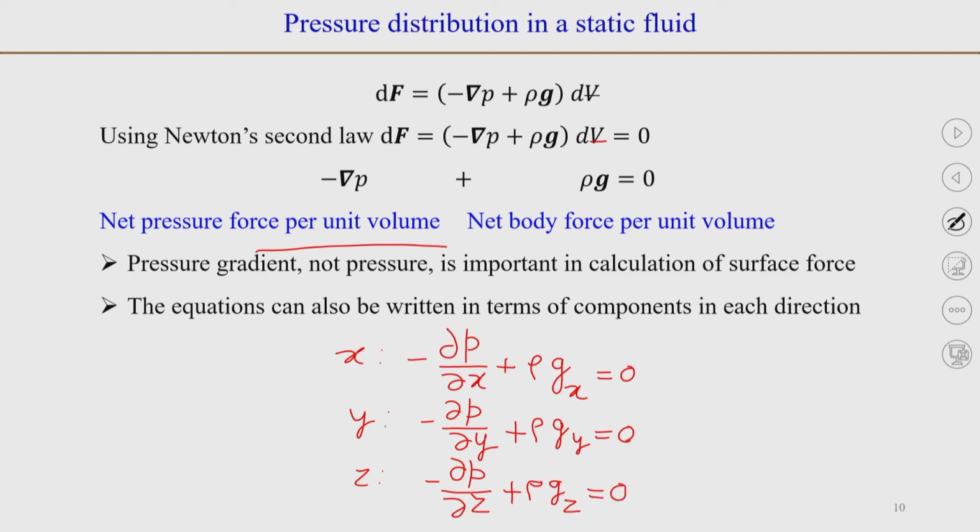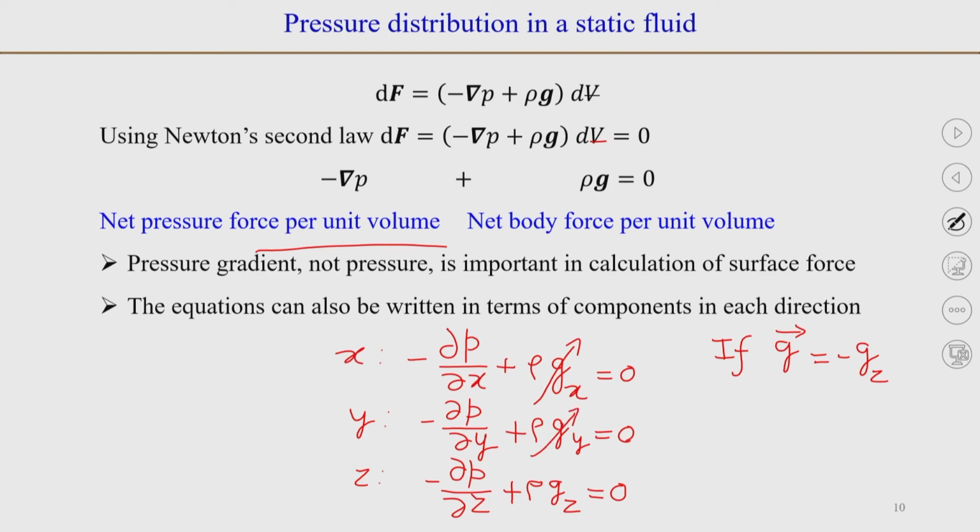Now, if we choose our coordinates such that g acts in the negative z direction, then we will have this term to be 0 and this term to be 0.